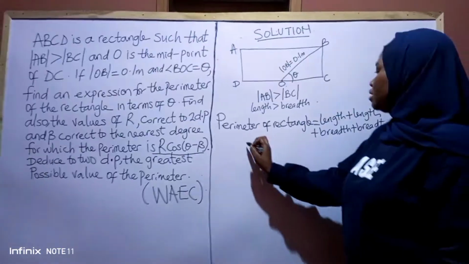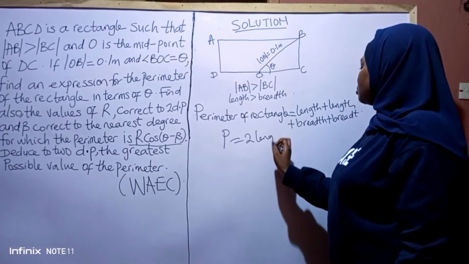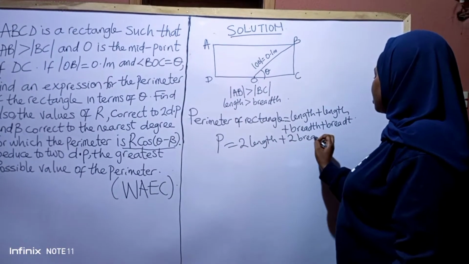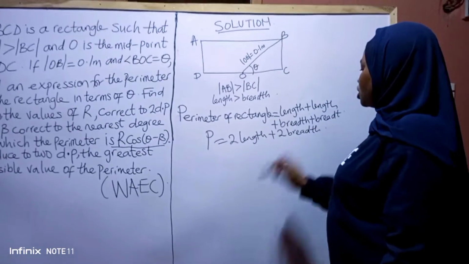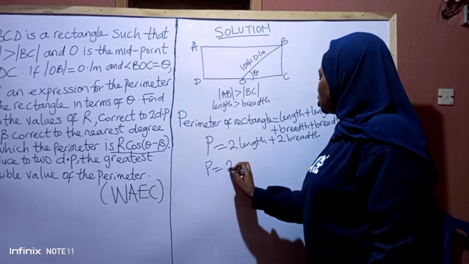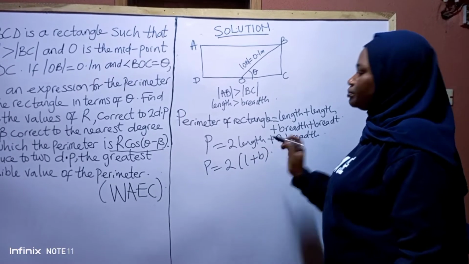So perimeter will be equal to 2 lengths plus 2 breadths. You can say that perimeter of rectangle is equal to 2 into bracket, factorizing, length plus breadth.